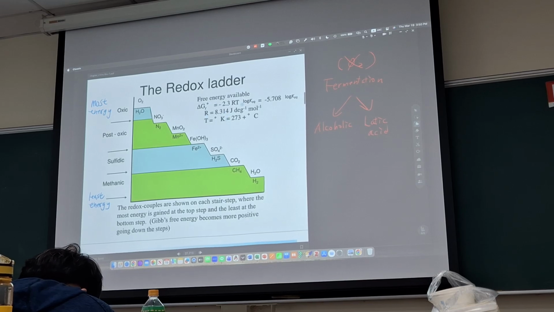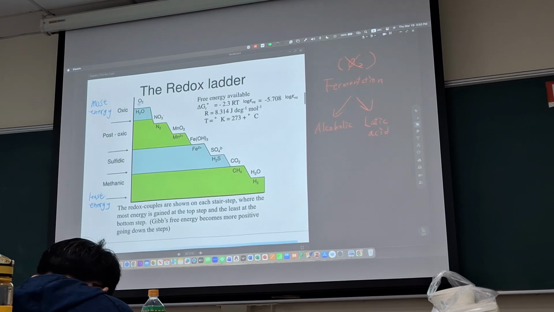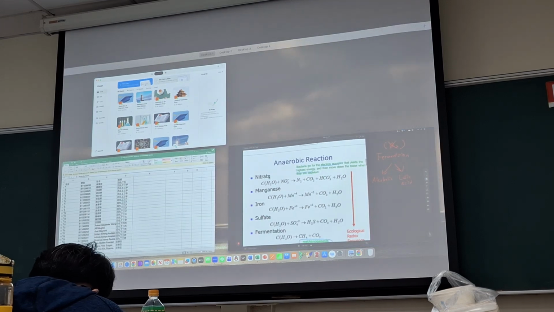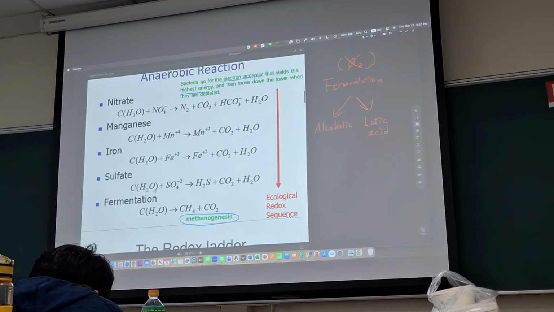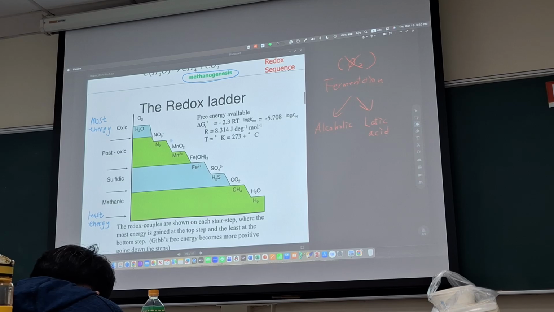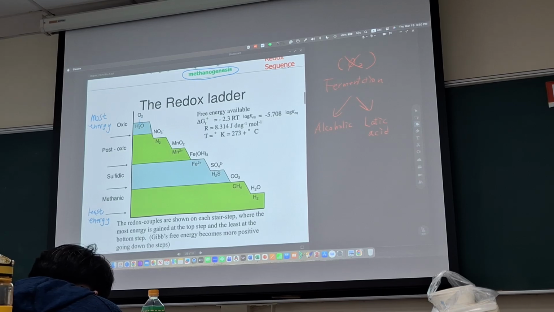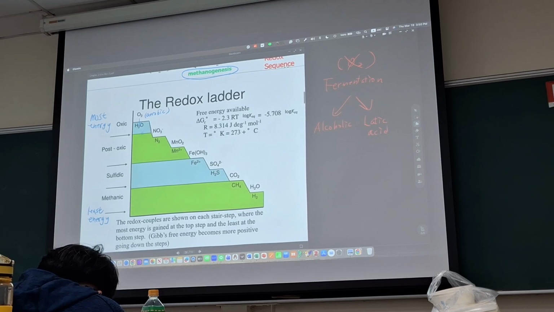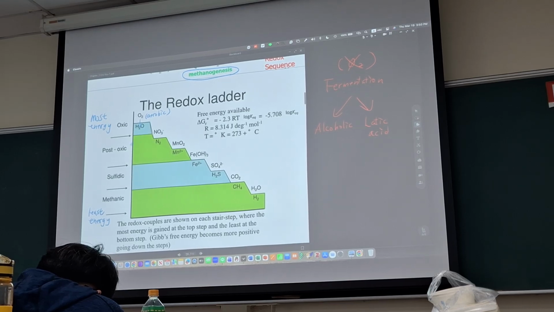Students, please take a look here. From oxygen to water, this is aerobic.